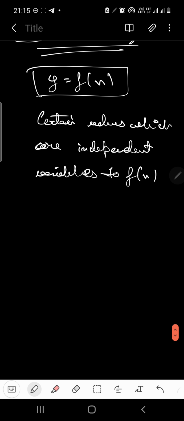Clear? Those set of values are called the domain.